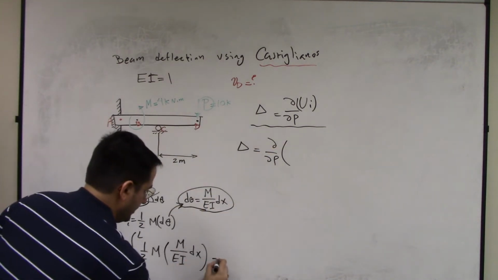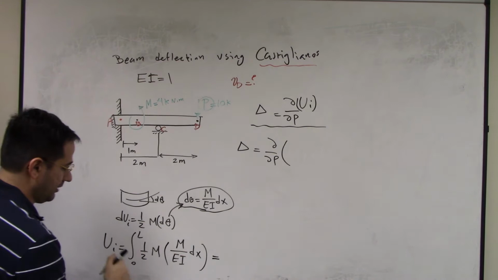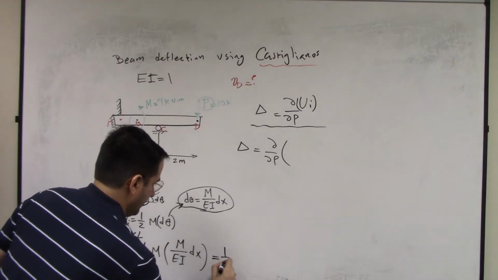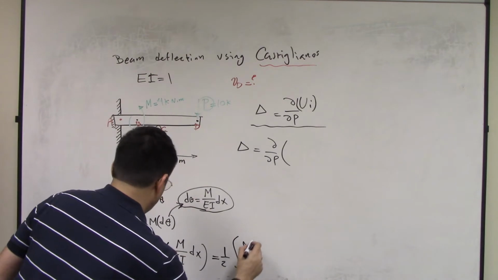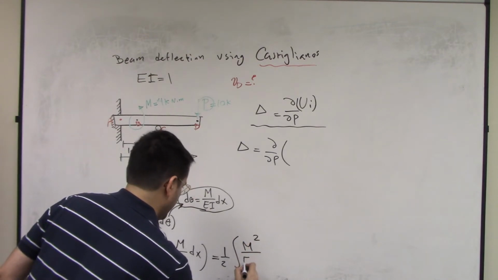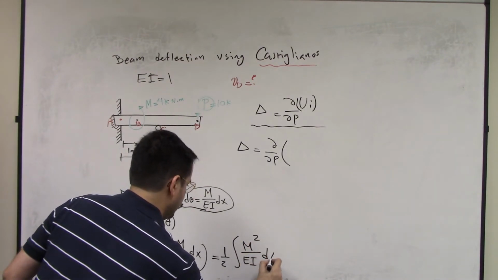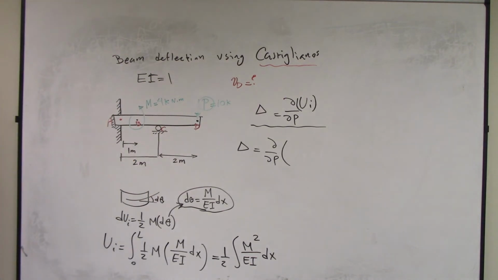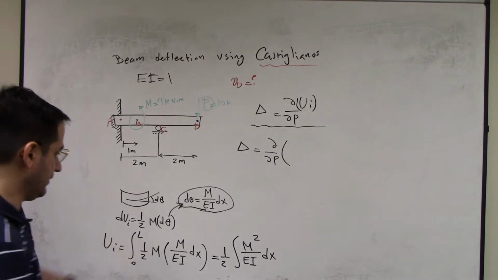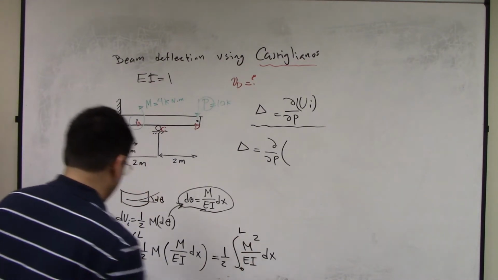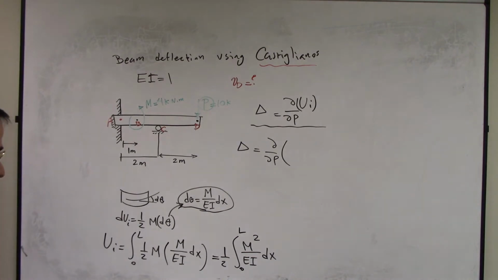So that's going to be, take 1 over 2 out, 1 over 2 integral of M squared over EI dx, right? So I took this out of the integral because it's constant, integral 0 to L of M squared over EI dx.